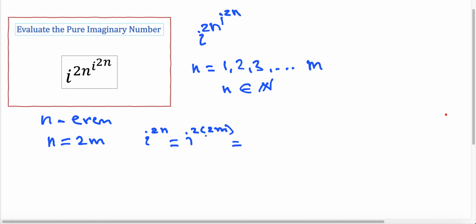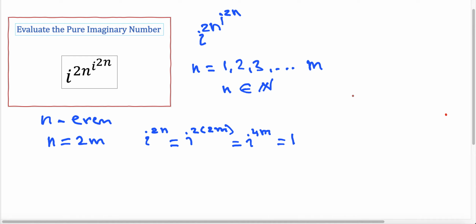If I distribute, the exponent becomes i^(4m). But i^(4m) has an exponent divisible by 4, so i^(4m) is equal to 1.